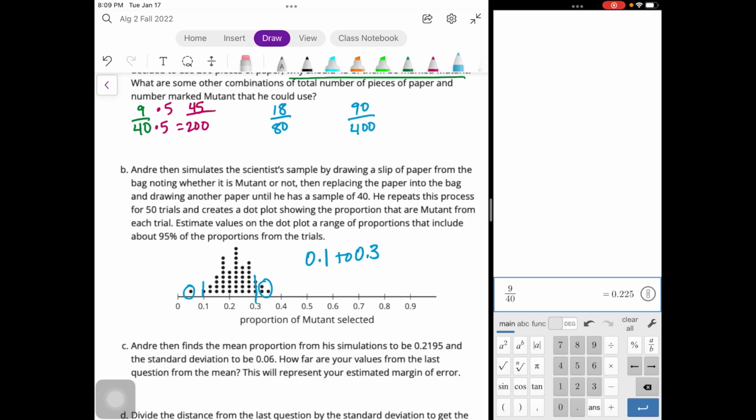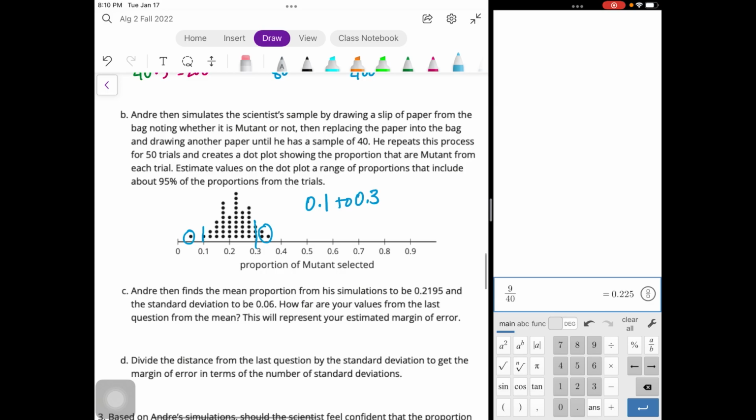Okay. Andre then finds the mean proportion from his simulations to be 0.2195 and the standard deviation to be 0.06. How far are your values from the last question from the mean? All right. So the mean is 0.2195.